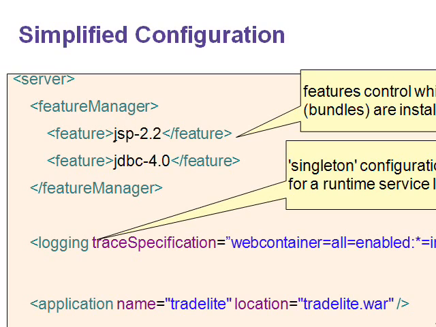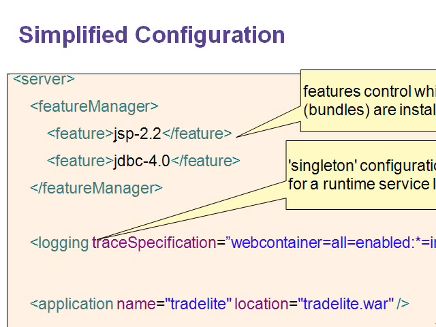Moving on to slide 18. This again shows a snapshot of the simplified configuration in server.xml. As you can see, there are two features enabled here, JSP and JDBC. There are some configurations which are singleton, as in which are configured once and would not change or would get overwritten if changed.